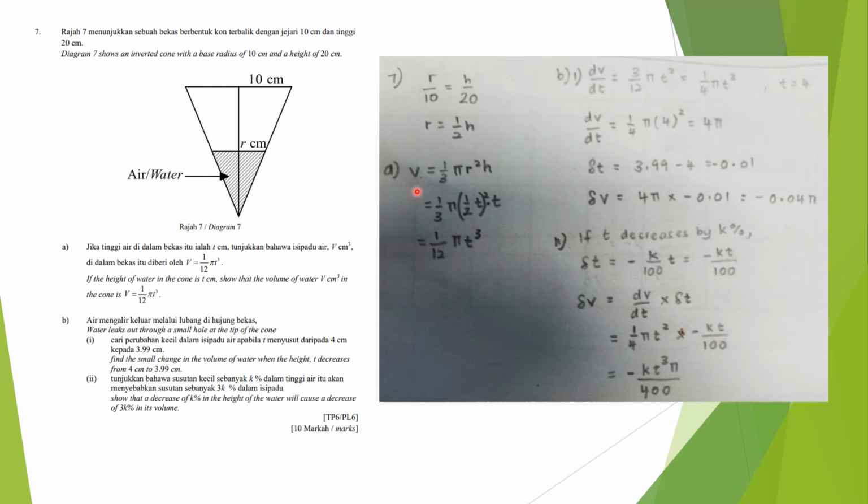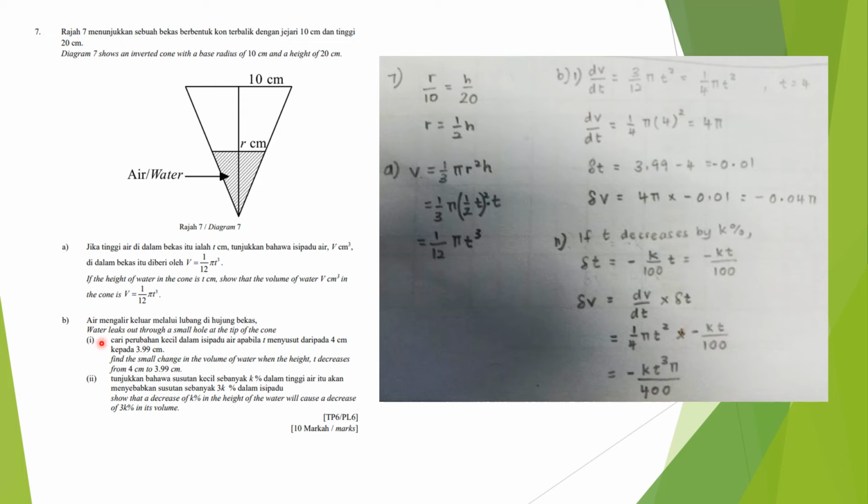So volume of cone is V equals 1 over 3 pi R square H. So 1 over 3 pi, and from here we know our R. R is half H, so 1 over 2 H. H is already given for us to substitute with T. The height of the water in the cone is T. So we have to substitute H with T. So half T square times T. H is T. So half square is 1 over 4 times 1 over 3 becomes 1 over 12 pi T cube. So we already show for part A.